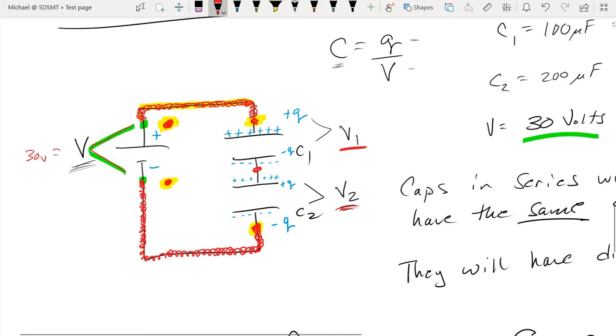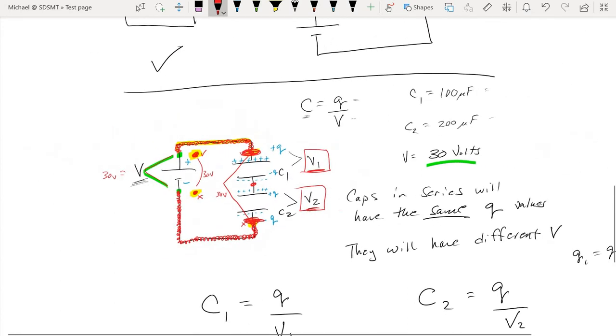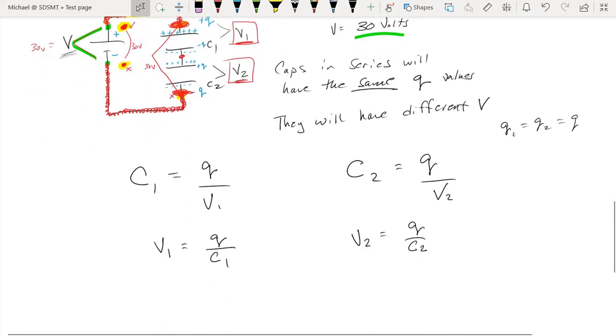So if this point is the same as this point, and this point is the same as this point, and we're getting 30 volts potential difference between those, then we have to be getting 30 volts potential difference between those. Well, what's between these 2 points? It's the combined potentials of the 2 capacitors.